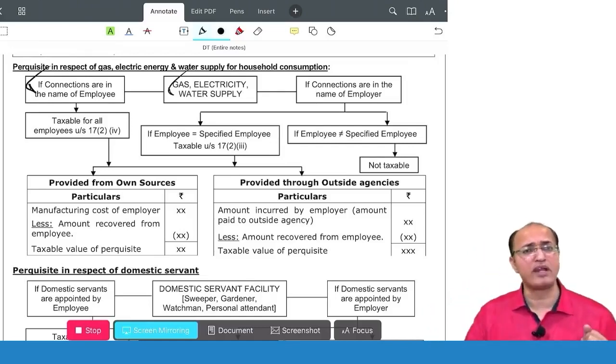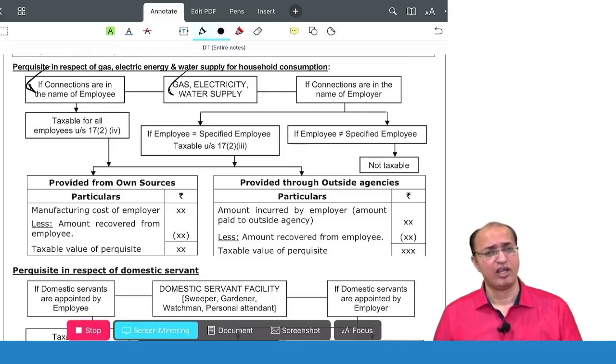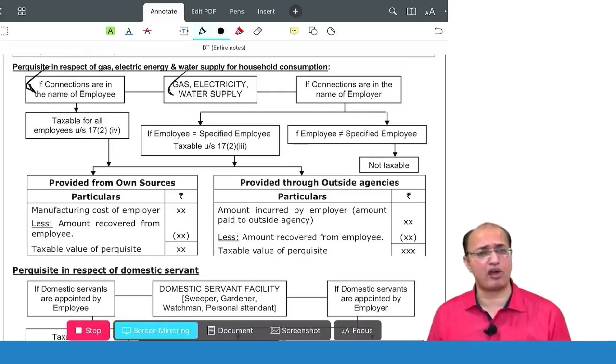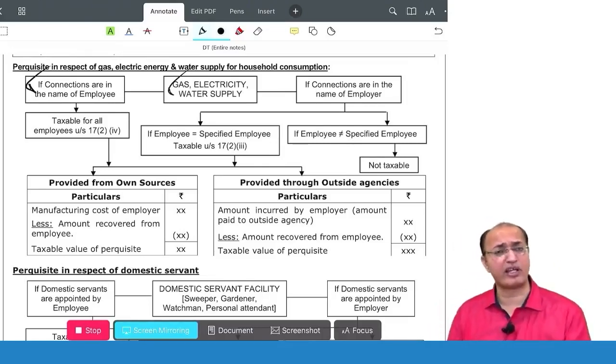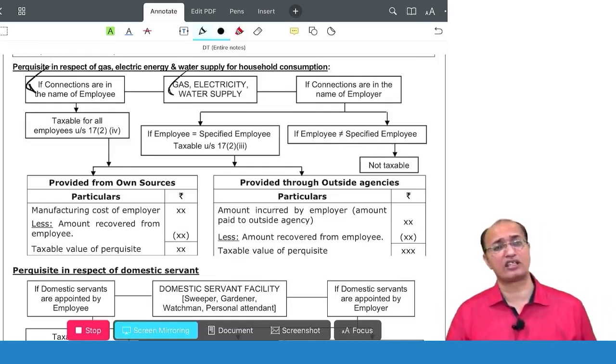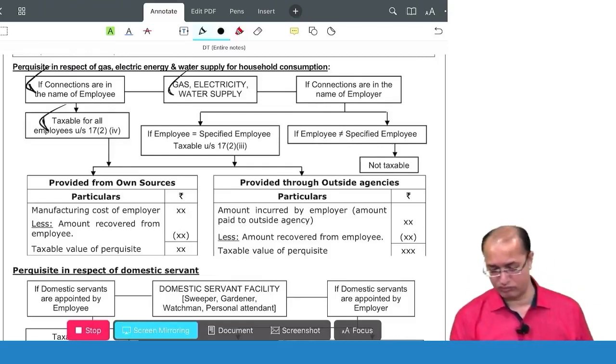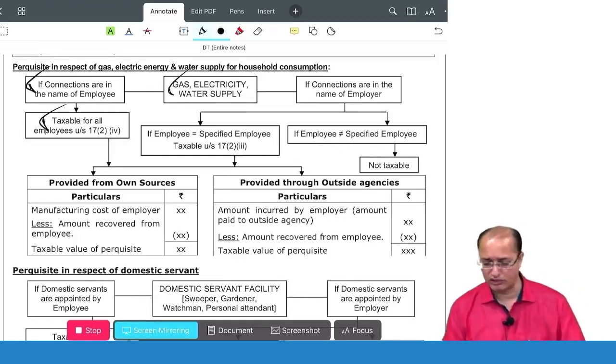Whose obligation is it to pay those bills? It is the employee's obligation. But if it is paid directly by the employer, or paid by the employee and subsequently reimbursed by the employer, then it is covered by section 17(2) clause 4.